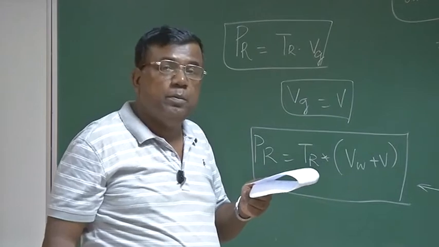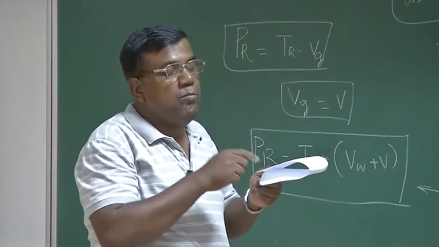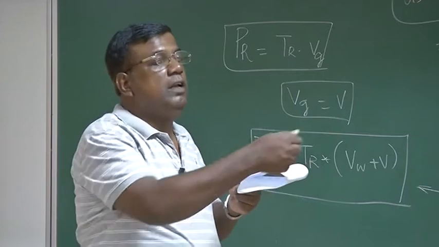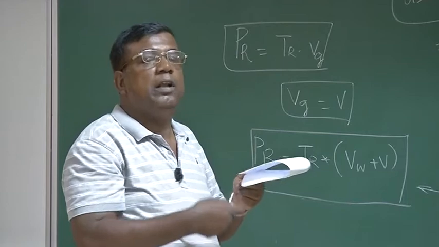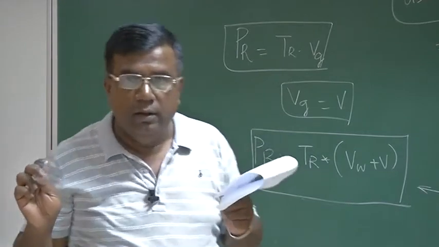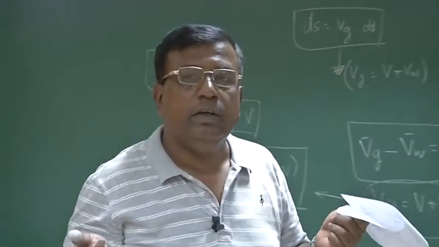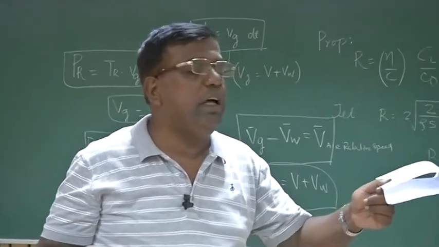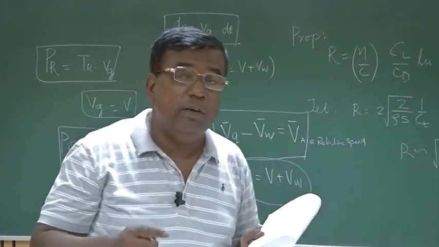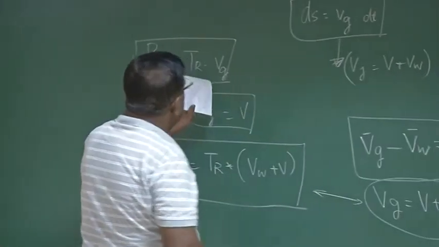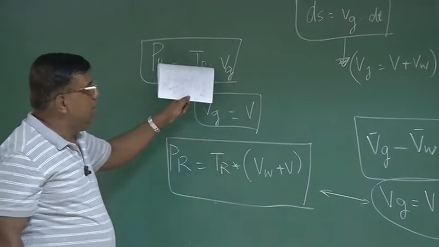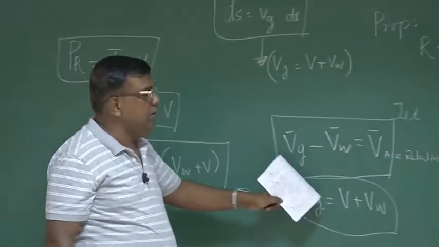Theoretically it's possible that the airplane has no motion with respect to the ground, but because of atmospheric wind there is lift sufficient to balance the weight. In that case, what is the power consumed? Nothing, because there is no motion of the airplane with respect to the ground. So when you are doing the formulation with atmospheric wind, we have to be careful that here it should be Vg, and Vg you know is V plus Vw.